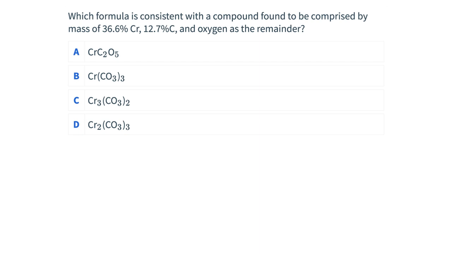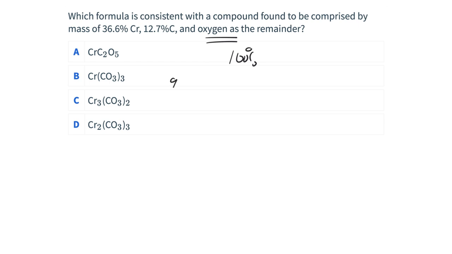Let me give a little bit of thought to our starting point here. We also are told oxygen is the remainder, because they all have to sum up, of course, to 100% mass. So if chromium's 36.6% and carbon's 12.7%, oxygen has to be the difference.